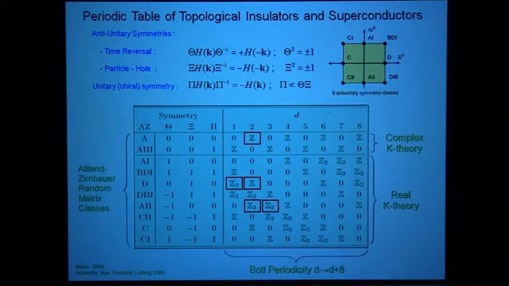Well, it depends what you mean by realized. There's realized in theory and there's realized in experiment. Certainly class A, and so class A1 is if you have something that has very weak spin-orbit interaction.